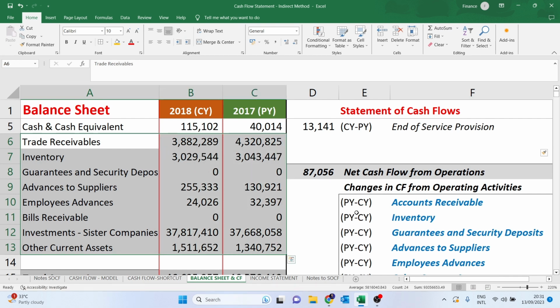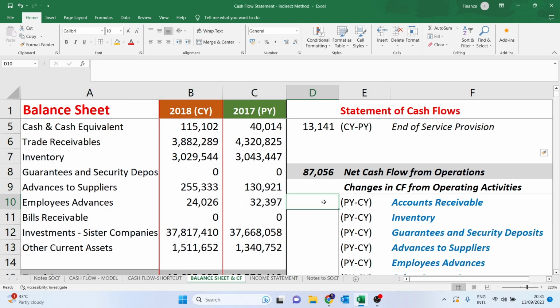So we need to show the movement here. For current assets, I have created previous year minus current year. That is what we require. Accounts receivable: check trade receivable, accounts receivable, same.